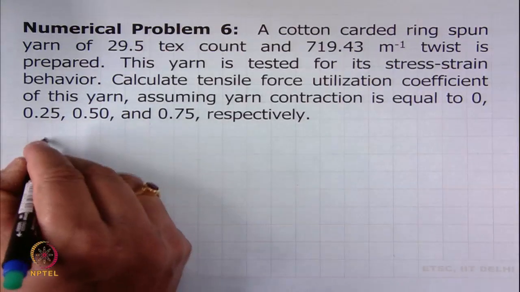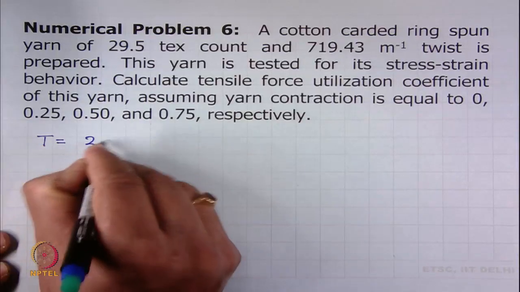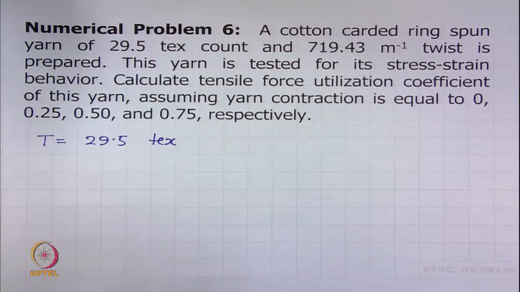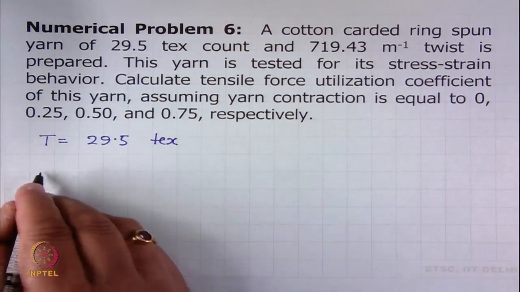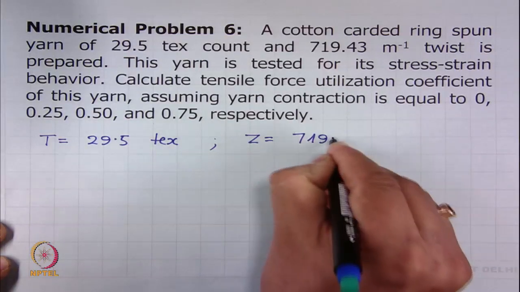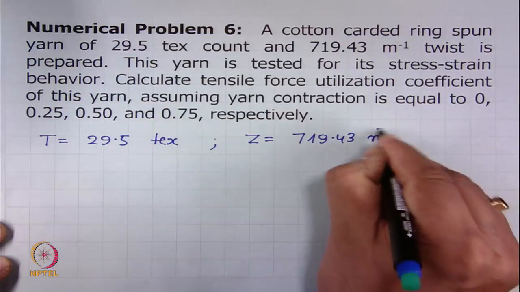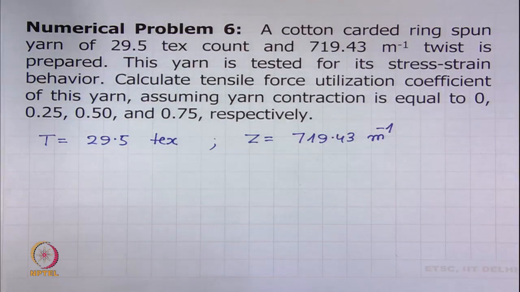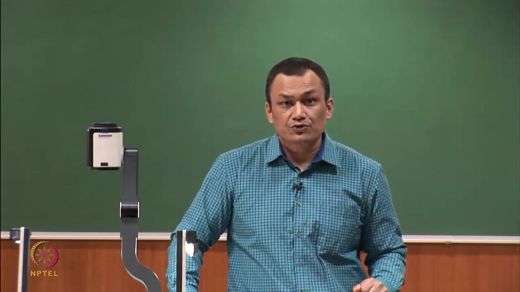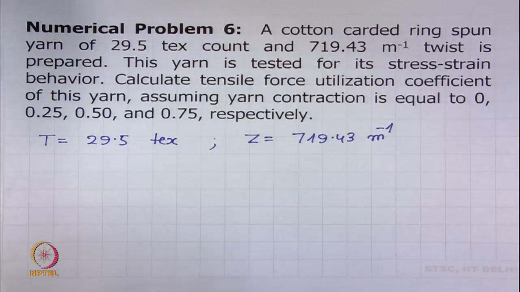So, you are given T equal to 29.5 tex and Z is also given, 719.43 meter inverse. This yarn is tested for its stress strain behavior. Calculate the tensile force utilization coefficient of this yarn, assuming yarn contraction is equal to 0, 0.25, 0.50, 0.75 respectively.